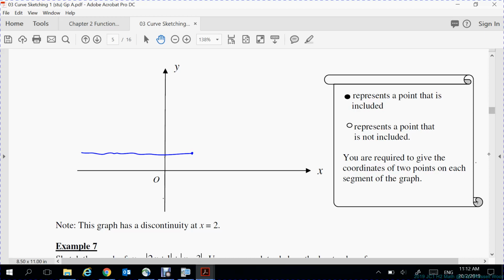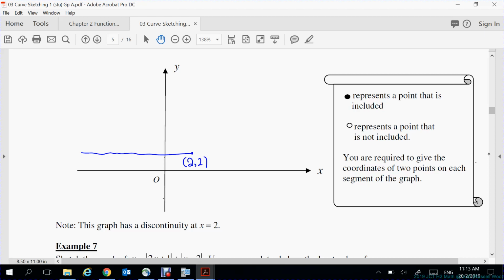From this point, it is 2, 2, because all the way from x negative infinity to 2, y is a straight line.